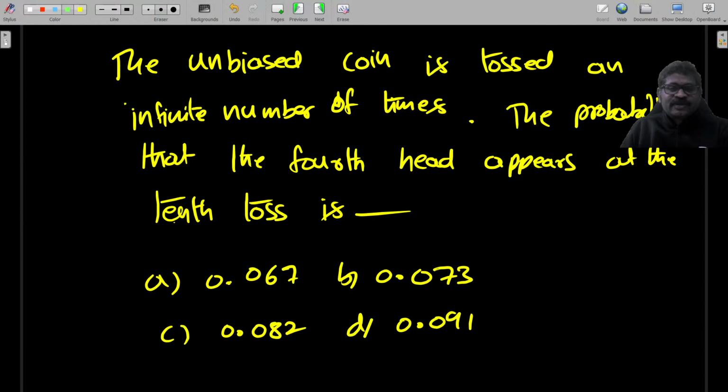An unbiased coin is tossed an infinite number of times. The probability that the fourth head appears at the 10th toss.